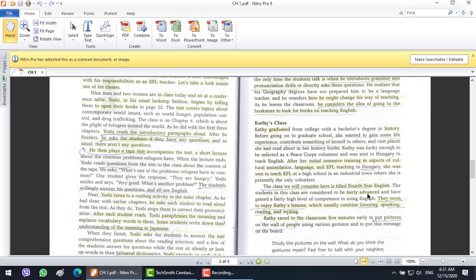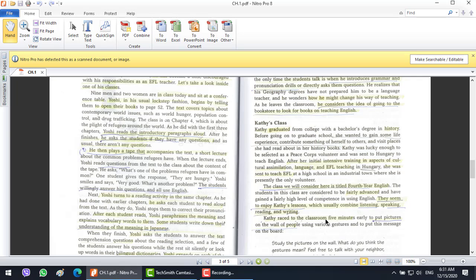They are advanced learners, so they seem to enjoy Cathy's lessons, which usually combine listening, speaking, reading, and writing. So we have 4 skills. Cathy has to teach her students to combine these 4 skills.